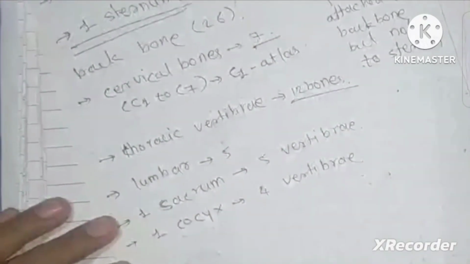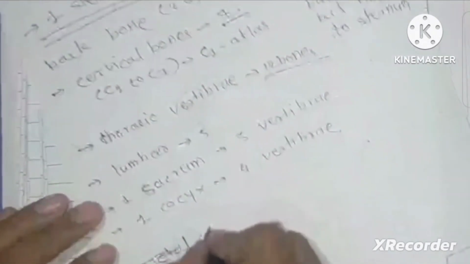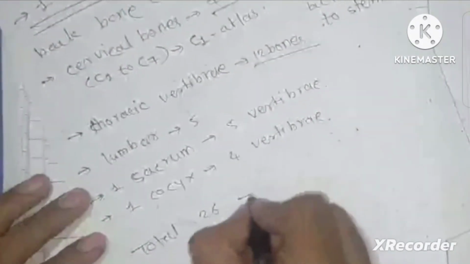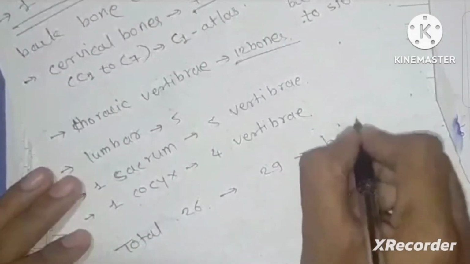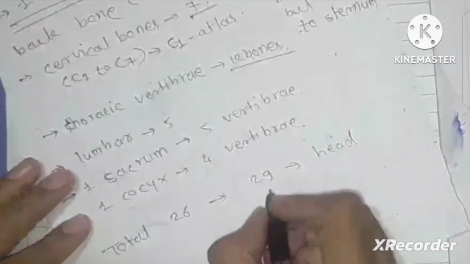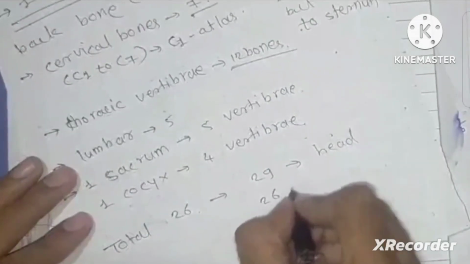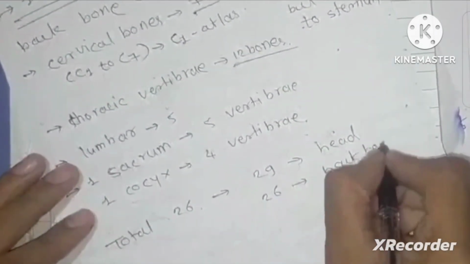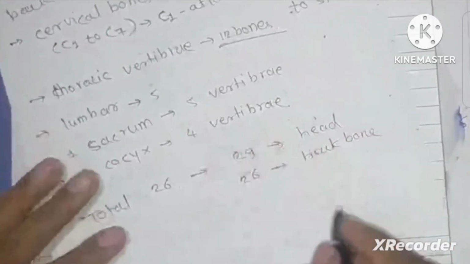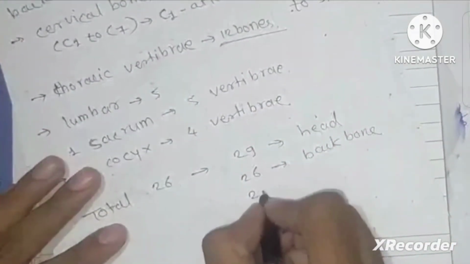So these are total 26 bones. 29 in head, 25 in thoracic cavity and 26 in backbone. So total 80 bones are covered in axial skeleton.